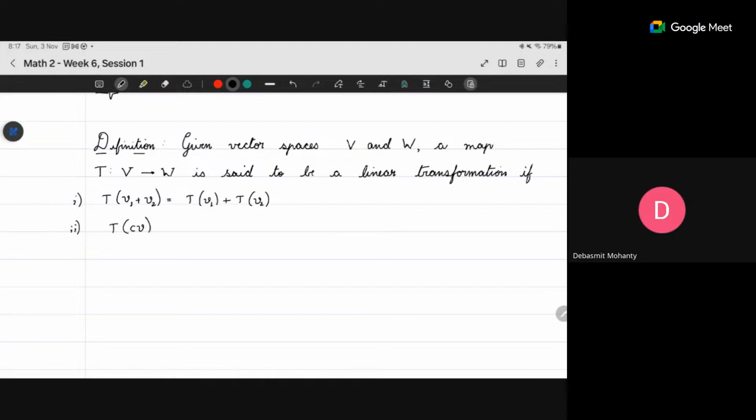I won't write C dot V, I'll just write CV. It is understood where things are happening. This has to happen for all V1, V2, V in V and C in R.